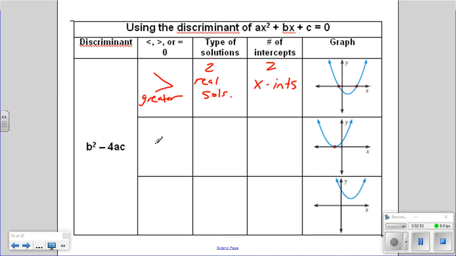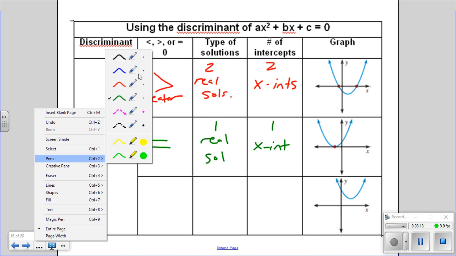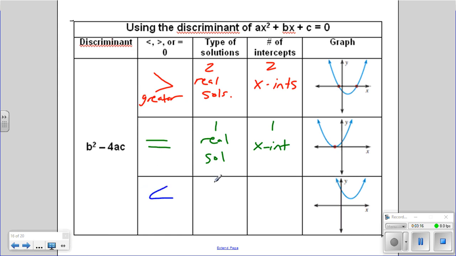Next option is when the discriminant is equal to 0. It'll have one real solution, which means one x-intercept. And lastly, when it's less than 0, it'll have no real solutions, but two imaginary solutions.